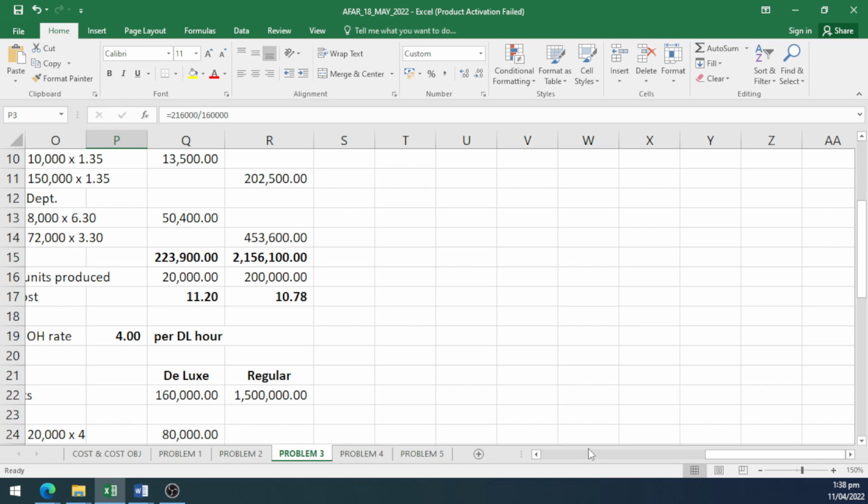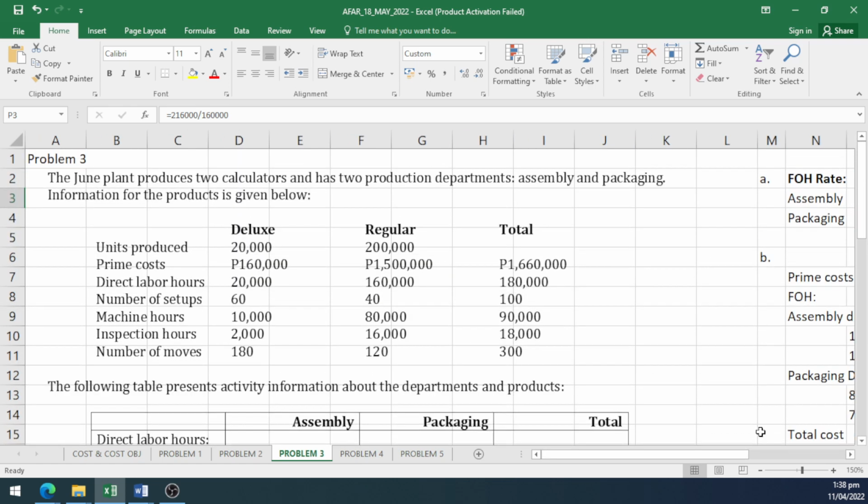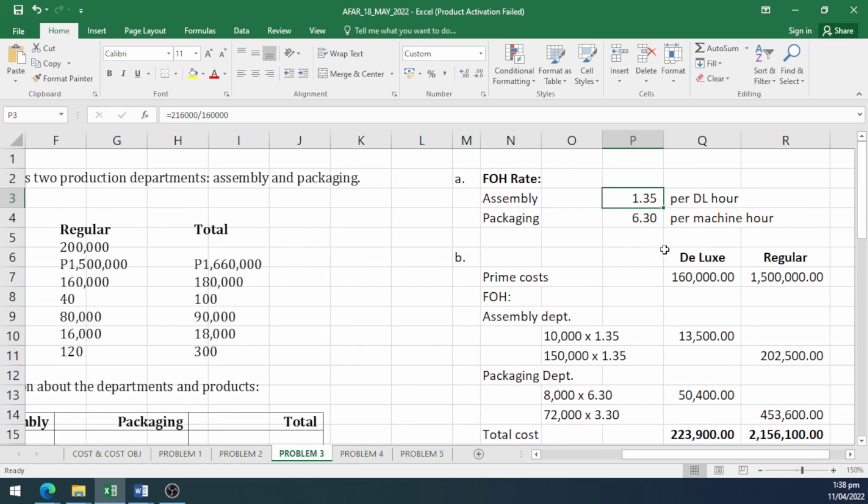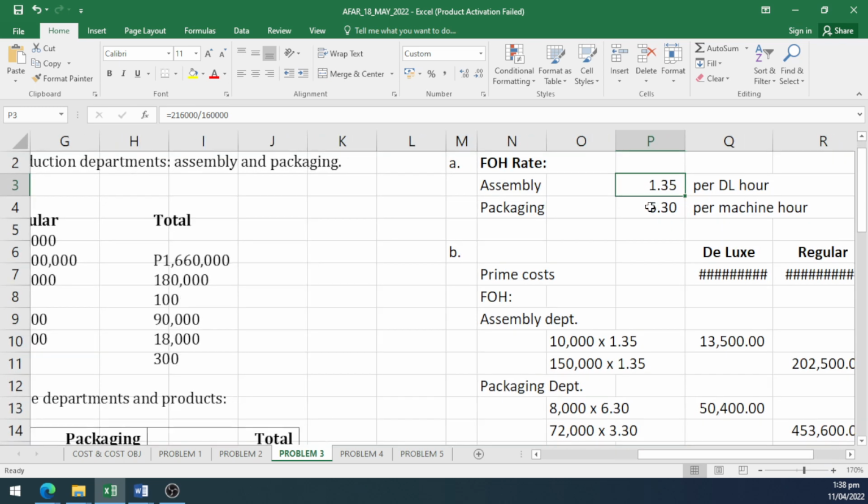Kaya yun po yung ating overhead rate. 216,000 over 160,000 DLRs. Then for packaging, which is based on machine hours, 504,000 divided by 80,000 machine hours. So that's 6.3 per machine hour. So meron na tayong overhead rate.